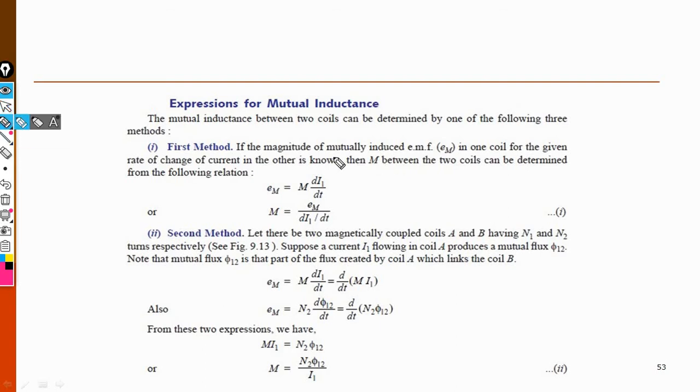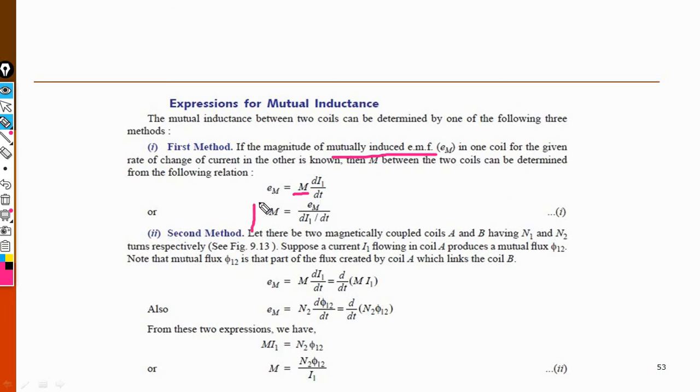The magnitude of mutual induced EMF in one coil is directly proportional to the rate of change of current with respect to time in the other coil. Rearranging the equation, M is equal to EM upon dI1 by dt.